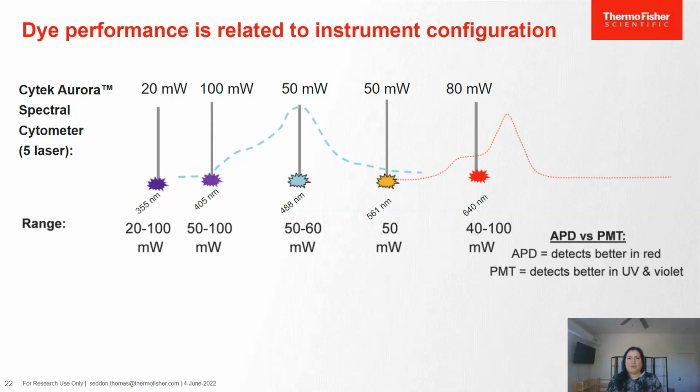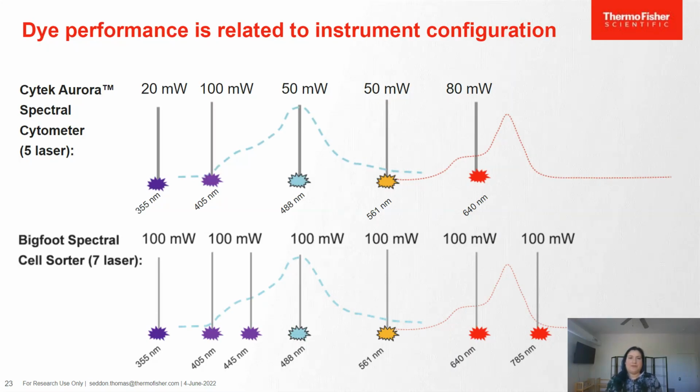The Aurora uses the APDs, and so it will tend to detect better in the red and worse in the UV and the violet, just because of the physics of how that works. And the converse is true for the Bigfoot, so you would tend to detect better in the UV and not as much into the red. You can also see that there are different wattages of these lasers, which always affects the signature of a dye. So these are the things that we're looking at as we're building new dyes.